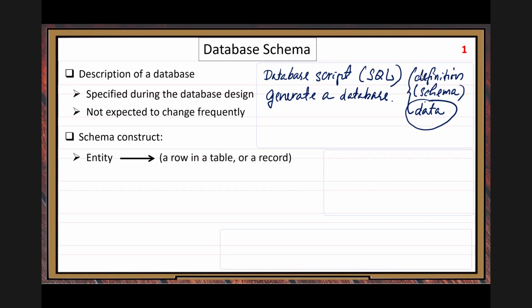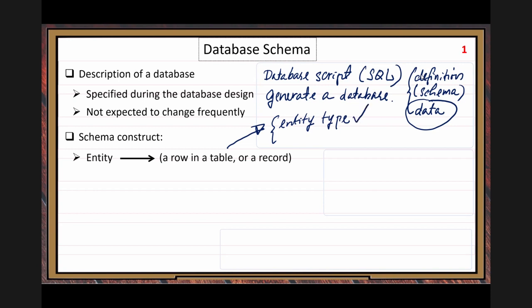So in a table, a row in a table, or a record. But here, this table, later, I will explain. This table here, there are two types of table. The first type is the entity type. Here we are talking about this type.